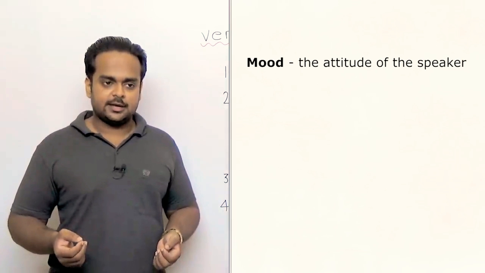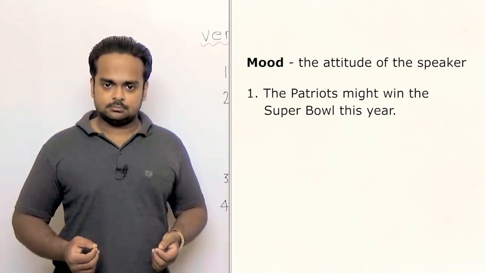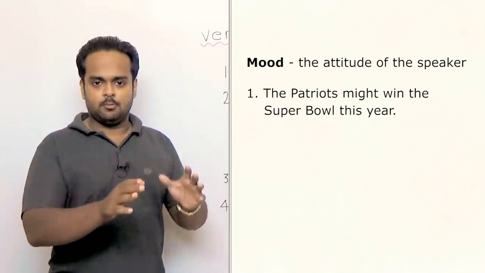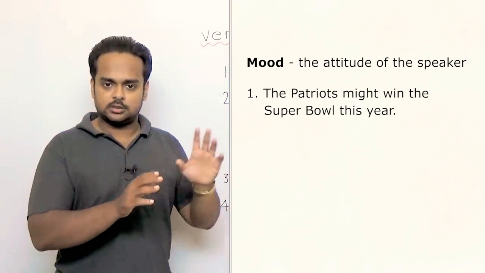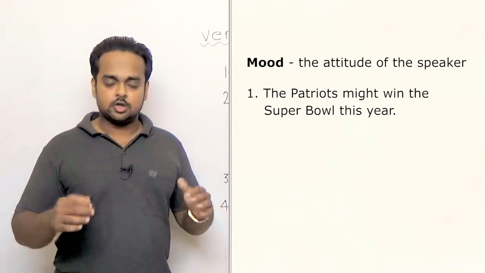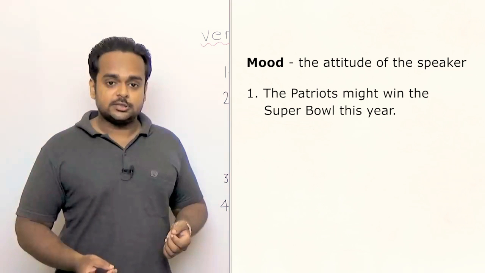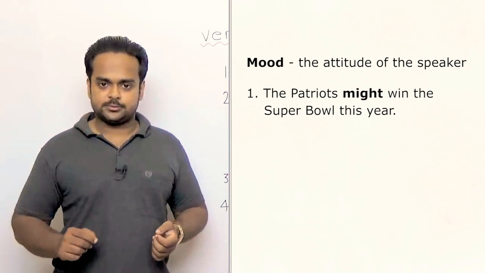For example, if I said, the Patriots might win the Super Bowl this year. If you don't know what that means, the Super Bowl is an American football tournament in the US, and the New England Patriots are a team. So I'm making a prediction about the future, and I'm using the modal verb might to do that.